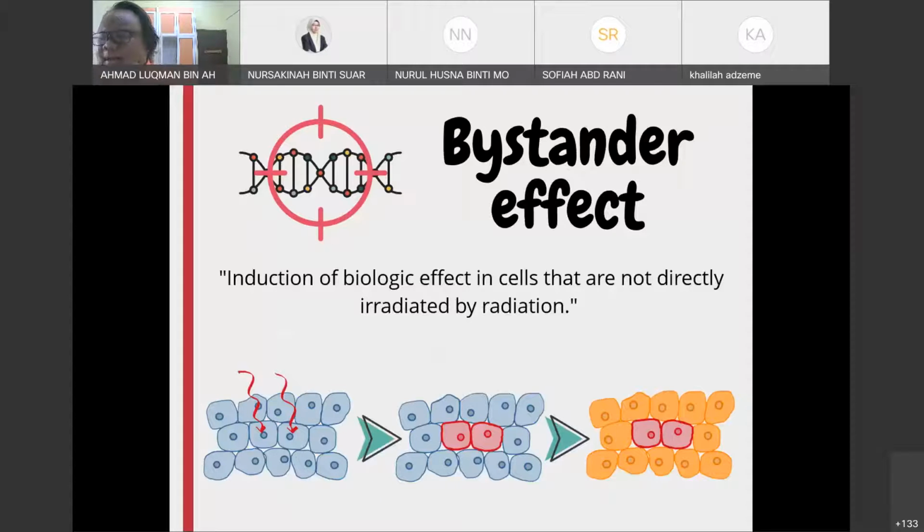Moving on, now that we are going through a list of the mechanisms of cell killing by radiation. First, we have the bystander effect.